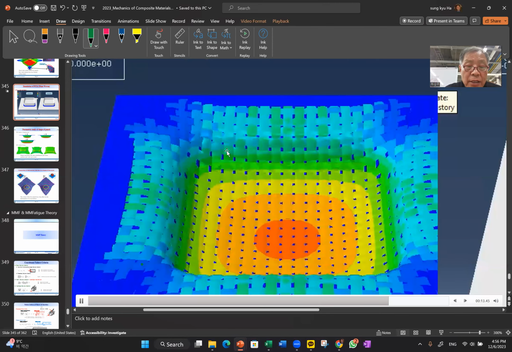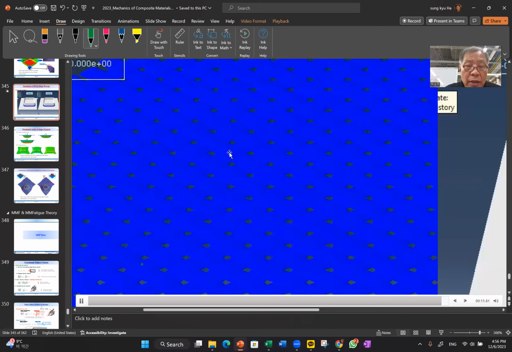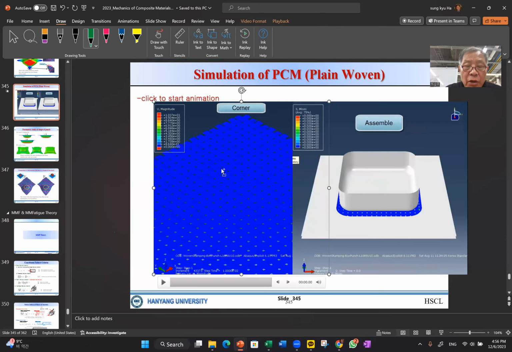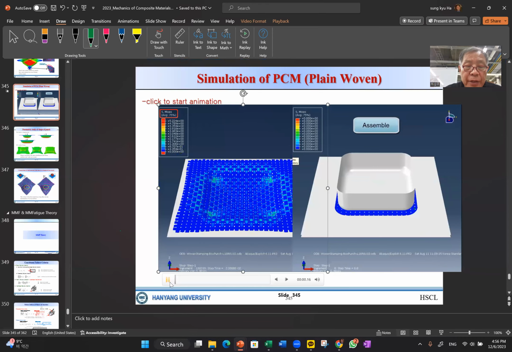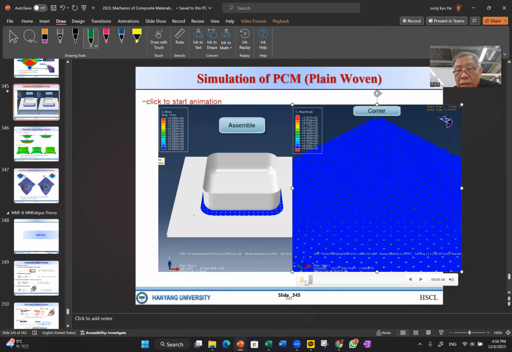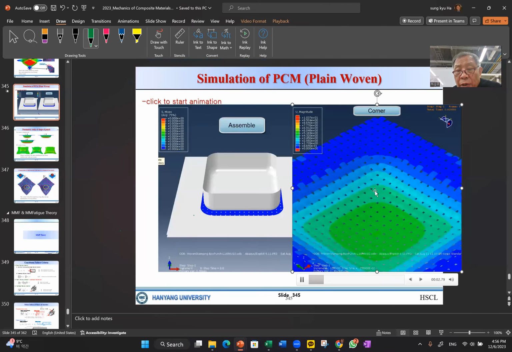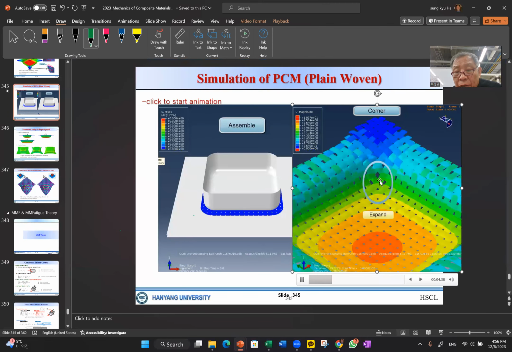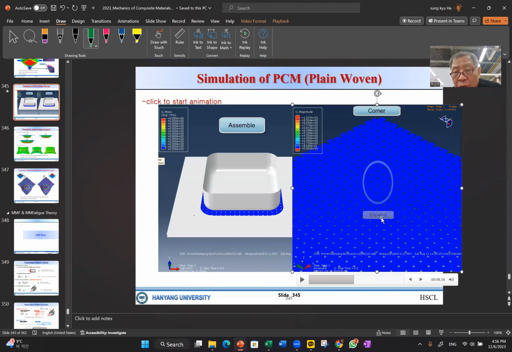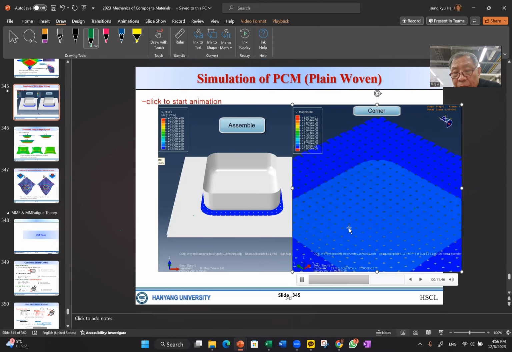Imagine that each tow, we model that. And between the tows, we can introduce a friction coefficient. So we have so much physics in there. At the corner, you can see how the corner shape will change, different from other positions.